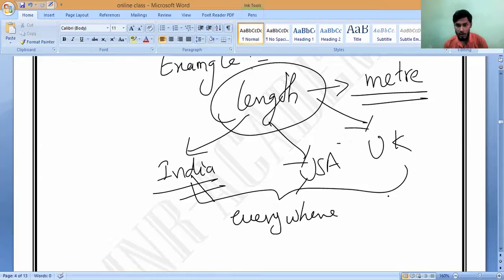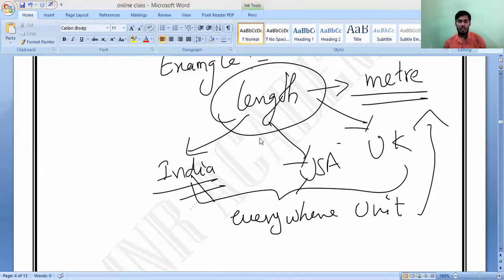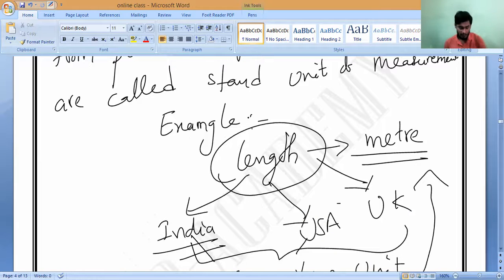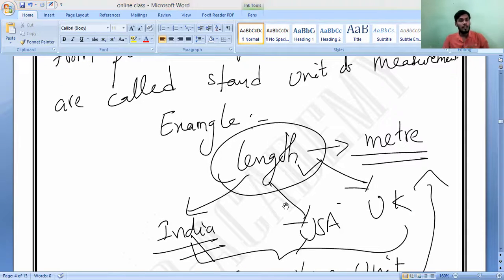Everywhere meter is constant. So you can measure length anywhere in the world, it is always meter only. Understand, Sanat? Yes, note it down. So meter is the standard unit of measuring length. That is the example I have written. So wherever you go, the unit is always the same. That is why it is the standard unit.